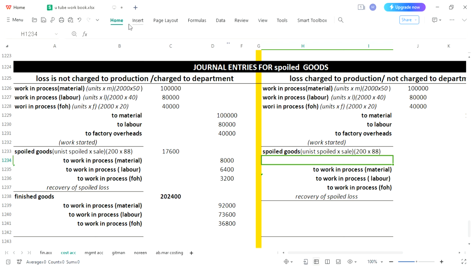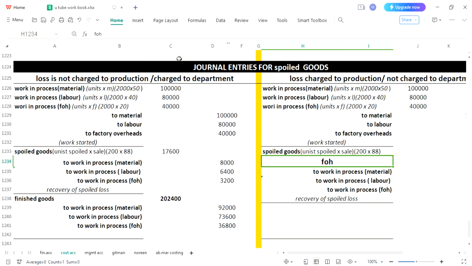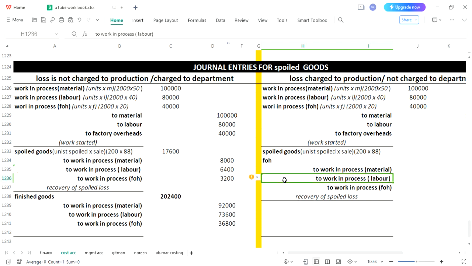At the time when you are doing your cost charge to the production, you will increase one space, and there you will write factory overhead, FH, only when you want to charge it to the production. Now it's your responsibility how you would remember it in your mind. If it is charged to the production, you will increase one additional word, that is FH. First entry absolutely same, second entry everything same except one additional factor, that is FH.